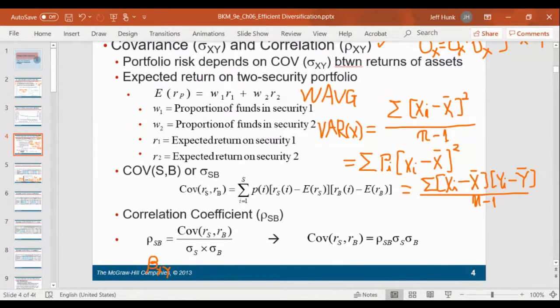But not too many people remember beta as a correlation coefficient.